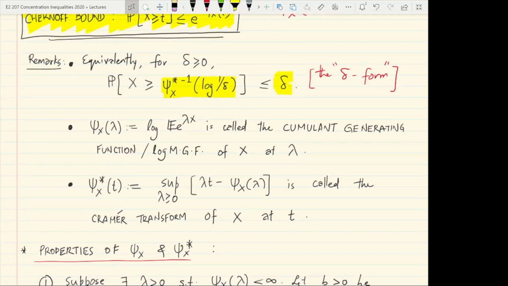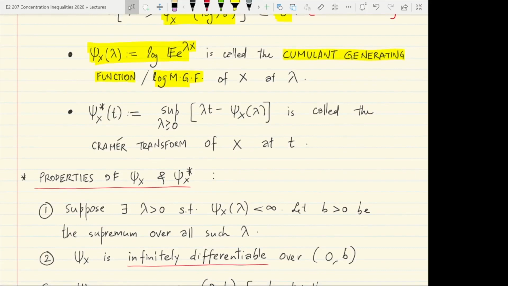The second remark here is that Cx of lambda, which we defined in our derivation of the Chernoff bound to be the log of expected value of e raised to lambda x, is often called the cumulant generating function. It's of course obviously the log moment generating function of x evaluated at lambda.